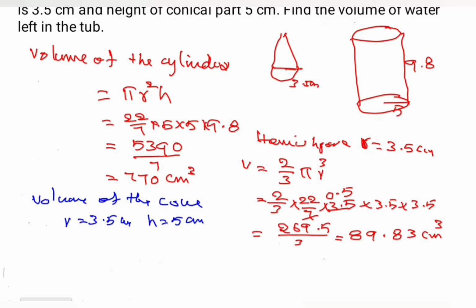Then the volume of the cone is V equals 1 by 3 pi r square h.